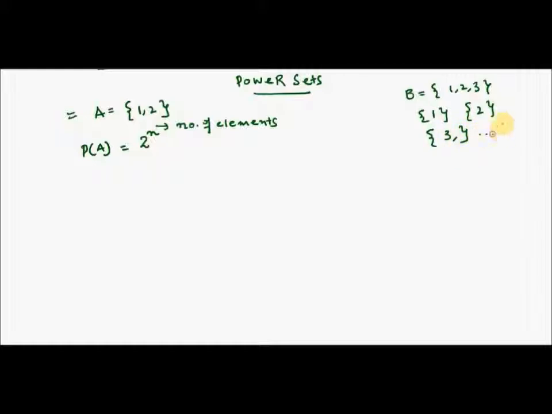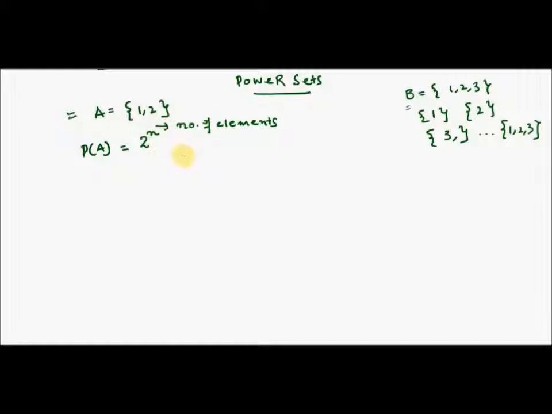But {1, 2, 3} will also be a subset of B. So every set is a subset of itself, right? So if I take this example, let us see how many subsets can be generated from this set.